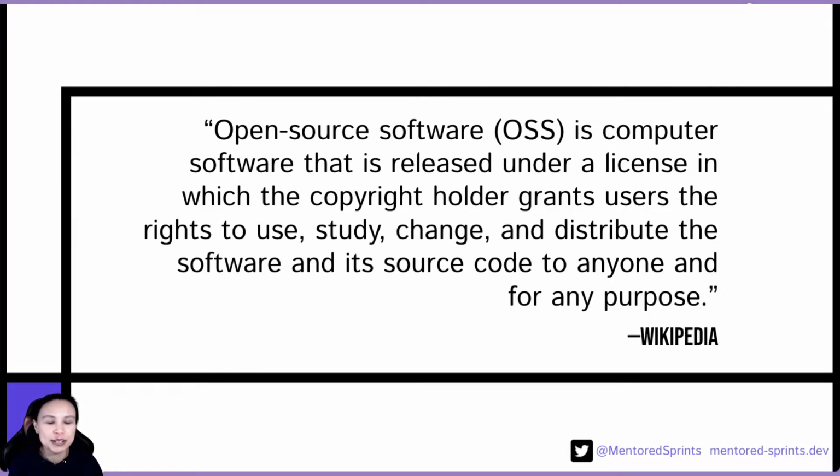For example, some licenses limit commercial use, or say that if you distribute it, it needs to stay under the same license. But in general, you can take the code, modify it, and distribute your new version without paying a fee.